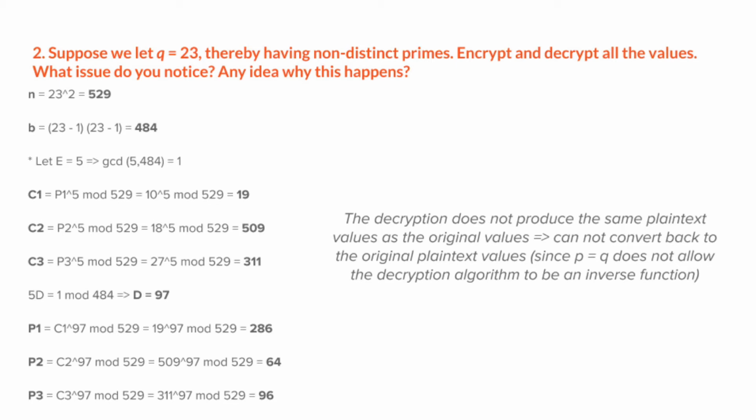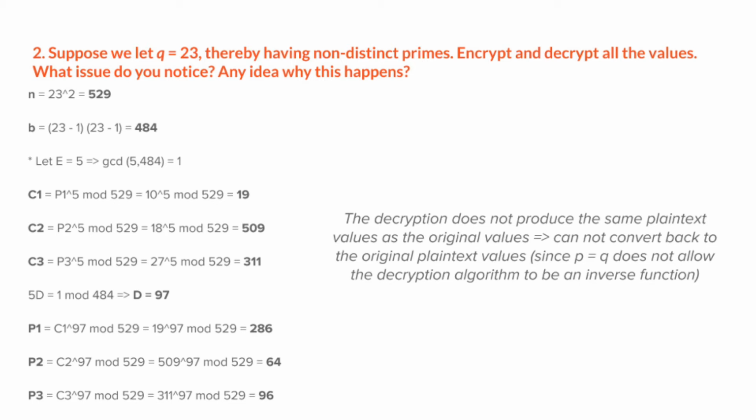If we go further and try to decrypt these values, we calculate D first. In this case, since E is selected as a value that is relatively prime to the B value we calculate from the given Q and P, we are able to calculate D, unlike the first question.